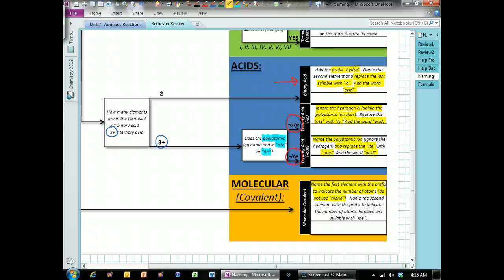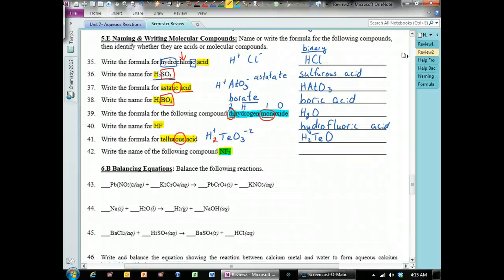And then the second one says name the second element with the prefix to indicate the number of atoms. Replace the last syllable with "ide." So this one is nitrogen, and we don't add mono, so it's just going to be nitrogen. And there's 3 fluorines, so that's trifluoride. So nitrogen trifluoride.